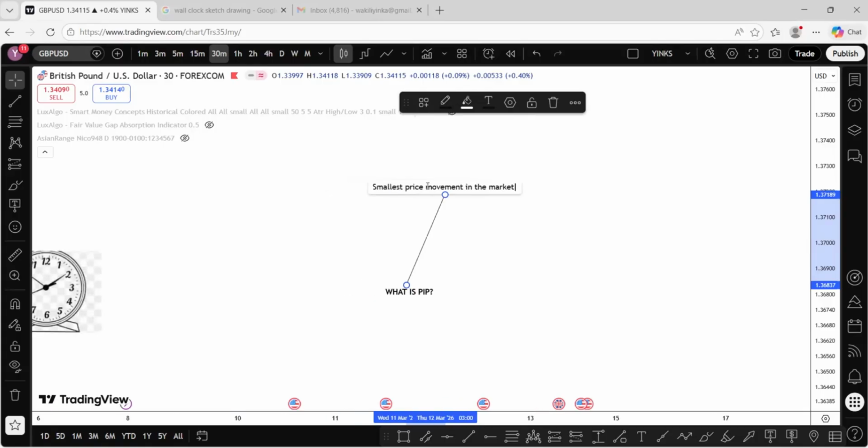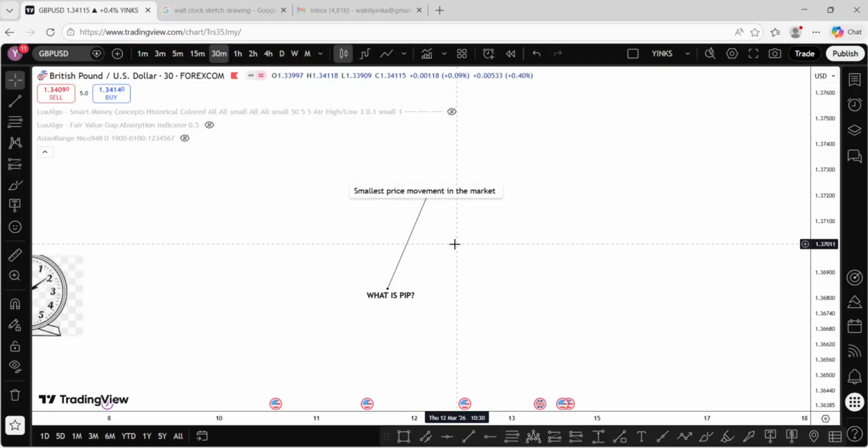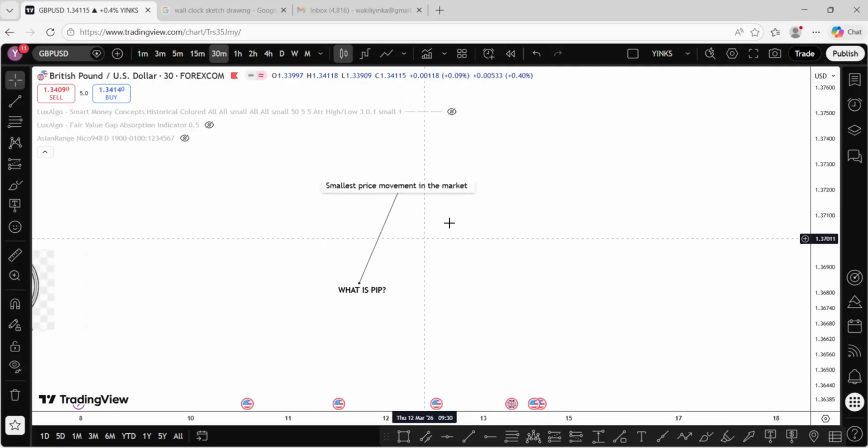It is called pips. Take a pip as a number. Take it like a number that counts from 1, 2, 3, 4, 5, and above, right? If a number is being added one, if it is adding value like from 1, 2, 3, that number is increasing.